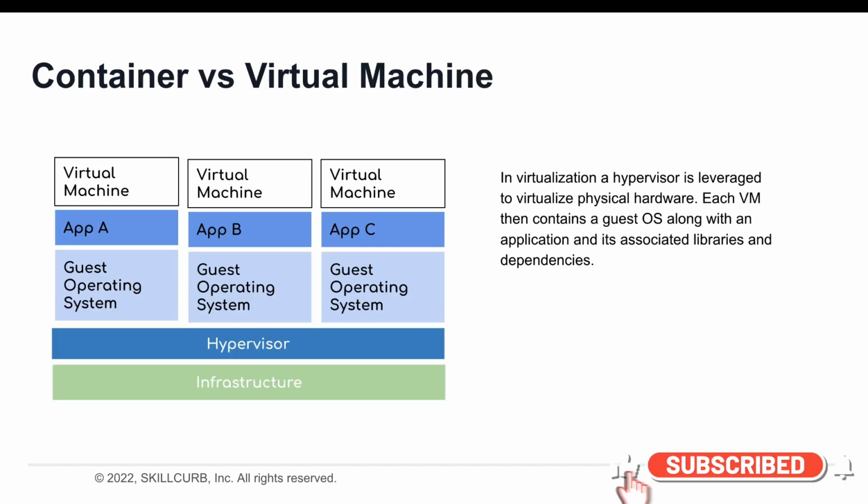In virtualization, a hypervisor is leveraged to virtualize physical hardware. Each virtual machine then contains a guest operating system, a virtual copy of the hardware that the operating system requires to run, along with an application and its associated libraries and dependencies.